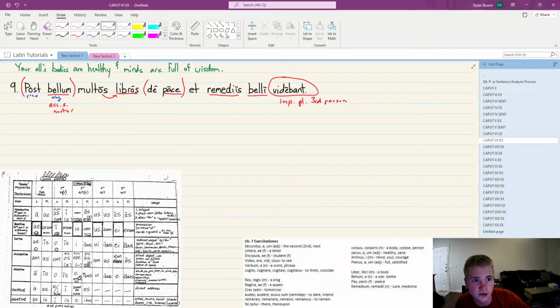And I'll go ahead and start translating this. So after post, after what? The bellum, the war, the conflict. After the war. Now let's move on to our other nouns in this sentence.